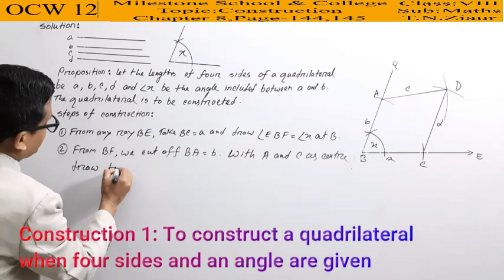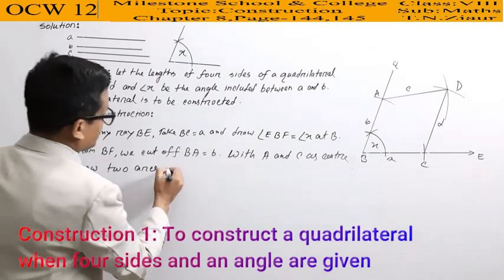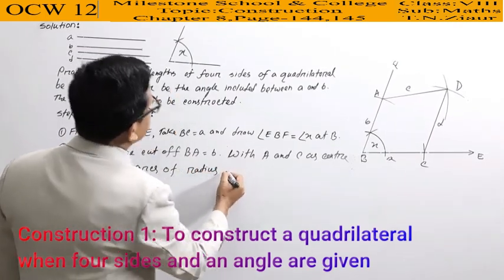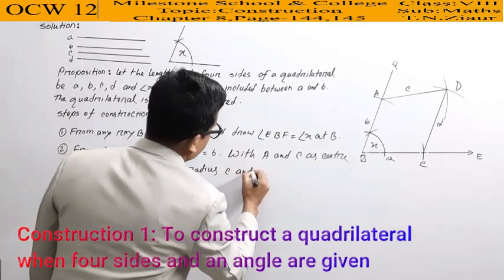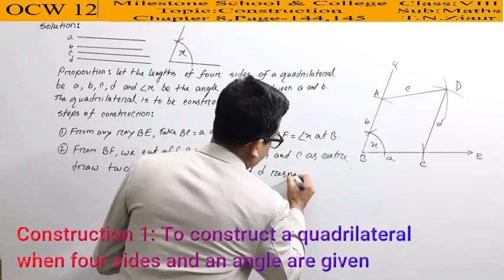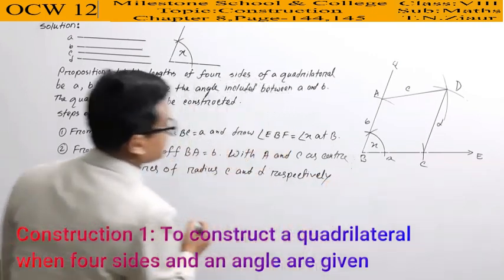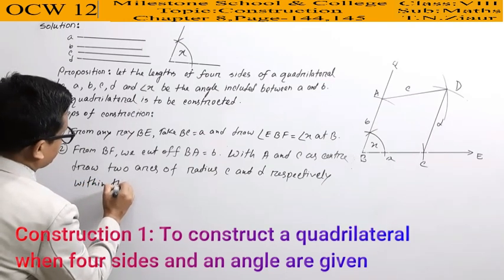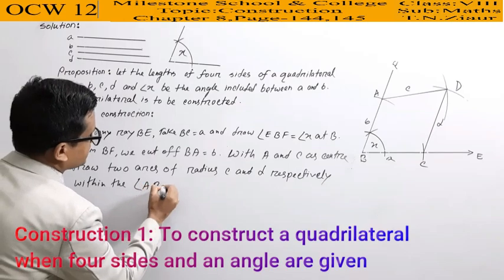draw two arcs of radius C and D respectively, within the angle ABC.